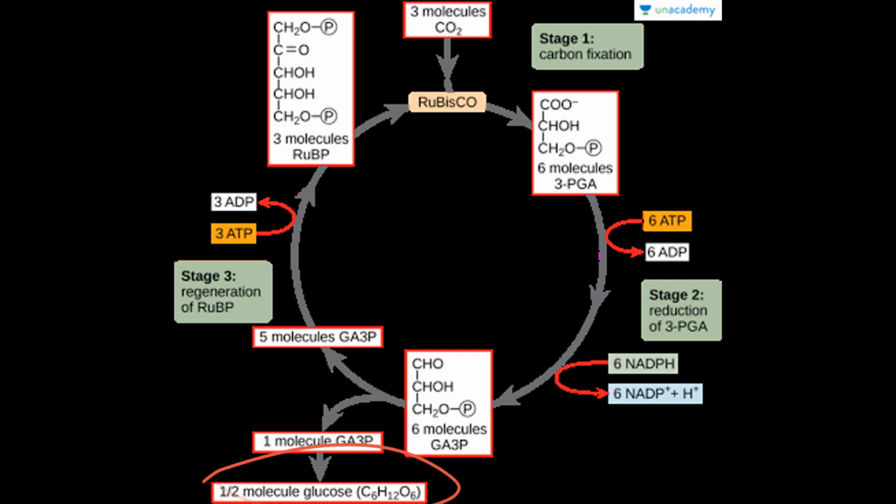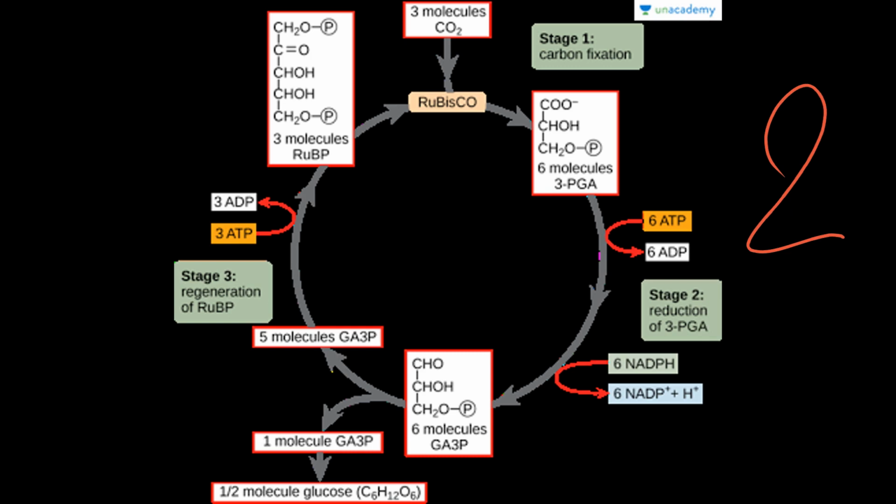This means that if in a Calvin cycle 3 molecules of carbon dioxide are used and half a molecule of glucose is formed, then 6 molecules of carbon dioxide are required to form a complete molecule of glucose, which means that to produce 1 molecule of glucose, 2 Calvin cycles are needed.